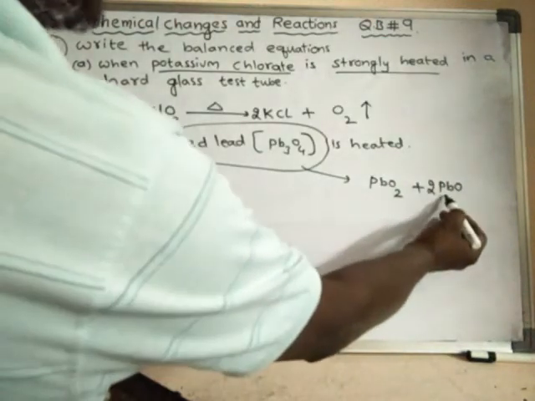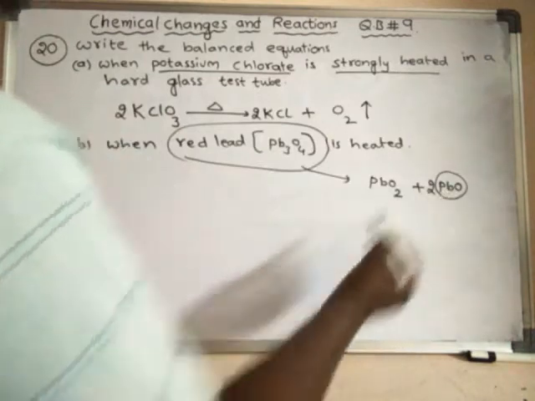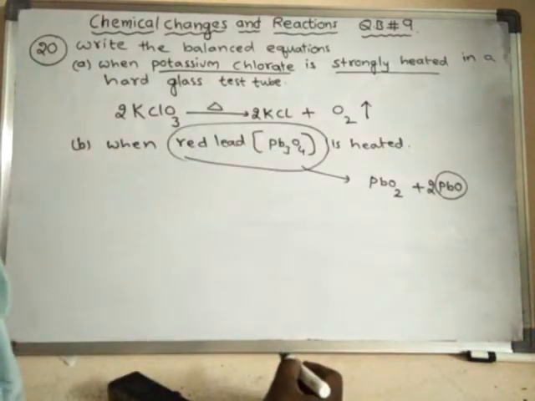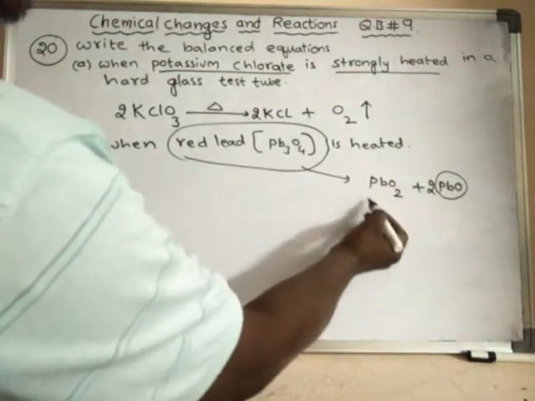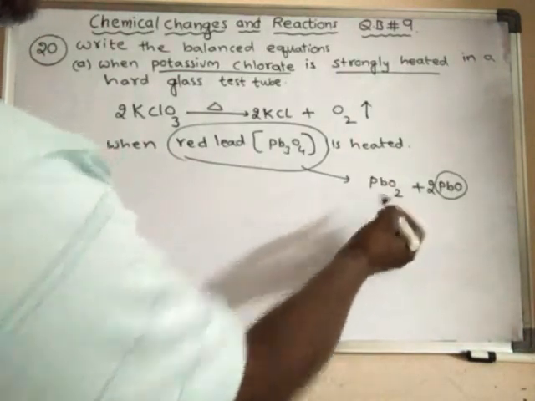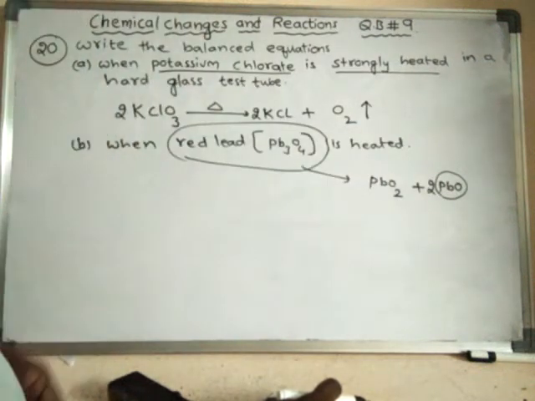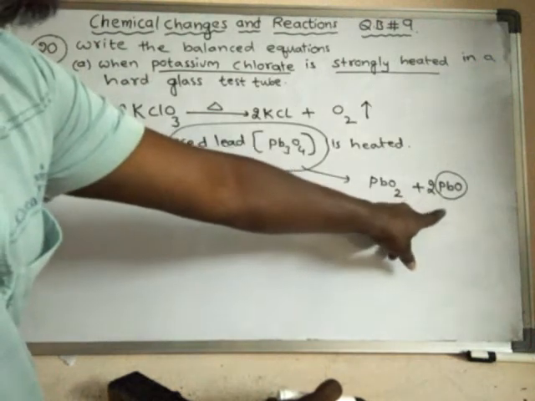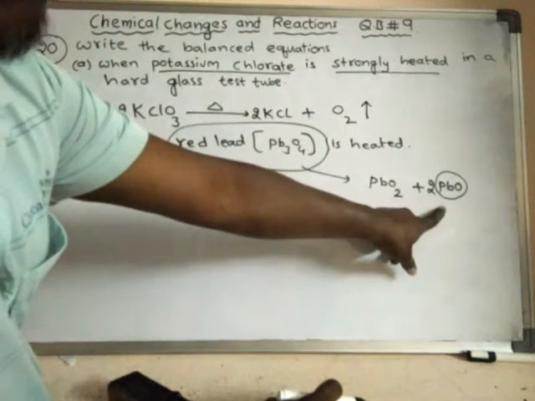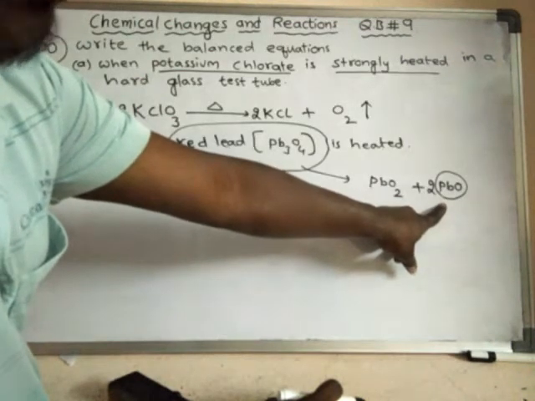Already this is a monoxide, lead monoxide, so it does not change. But this one, lead dioxide, is chocolate red in color. It is yellow when cool, and reddish brown when hot.